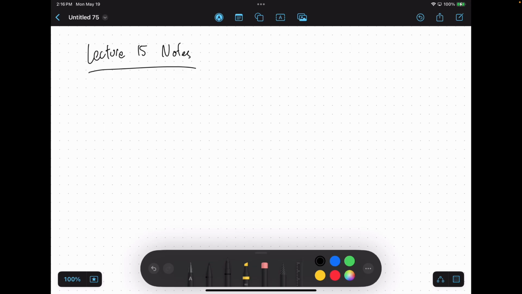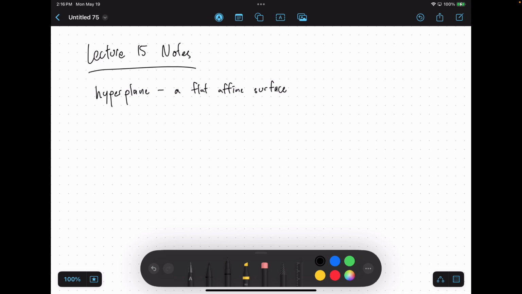Okay, so the first concept I'm going to introduce is something known as a hyperplane. The definition of a hyperplane is a flat, affine surface.